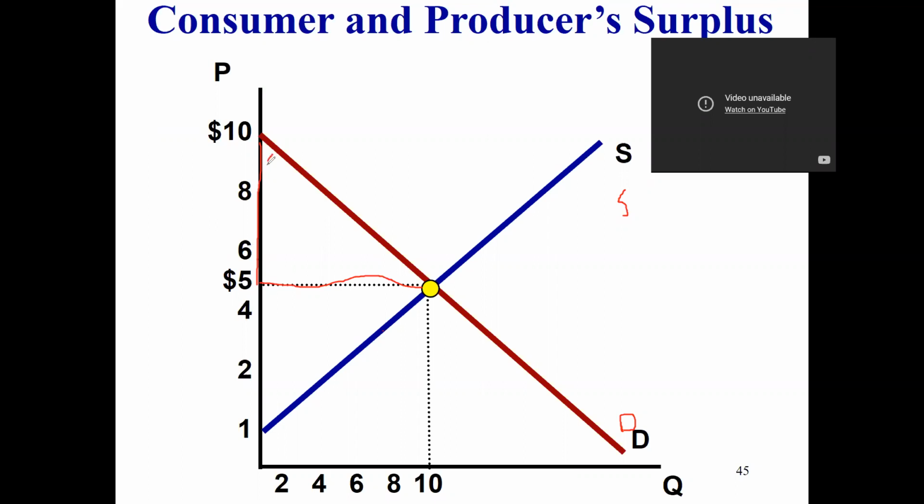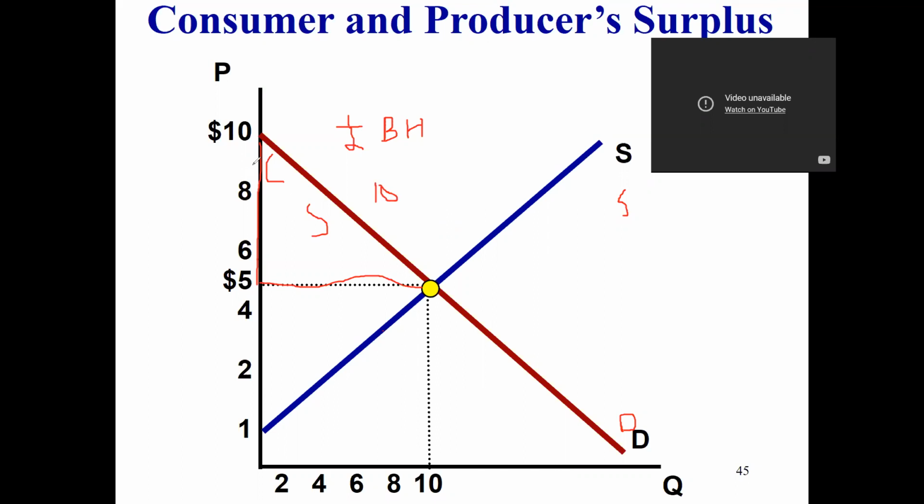So remember, consumer surplus is above the price, below demand. So it is this triangle. Somewhere in math, they teach you that the area of a triangle is 1/2 base times height. And by the way, a lot of people forget the half. So the base is 10, because I start out at 0 and I go across to 10.